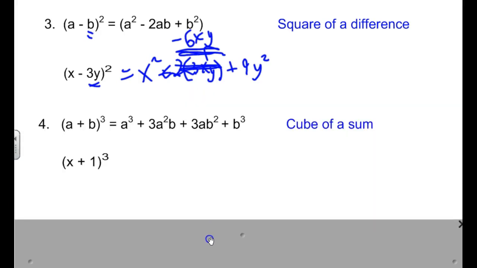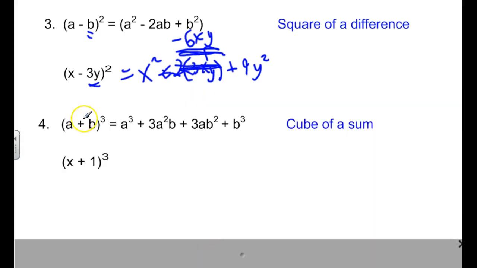And there's another one here. It's kind of neat. A plus B quantity cubed is that. So using the formula, this would be x cubed plus 3 times x squared times 1 plus 3 times x times 1 squared plus 1 to the third, which is 1.